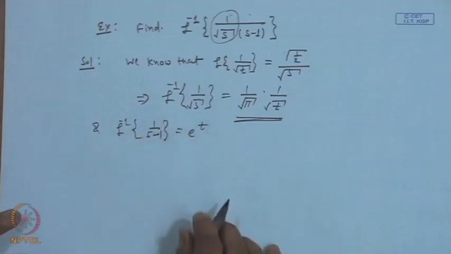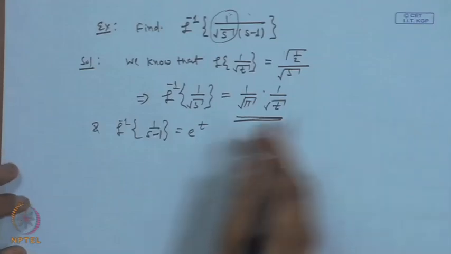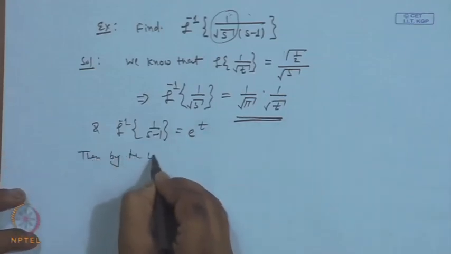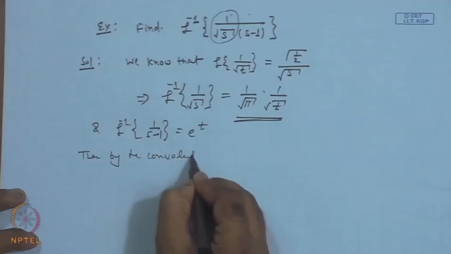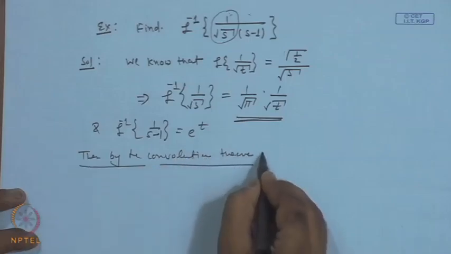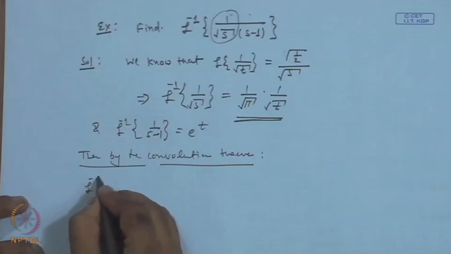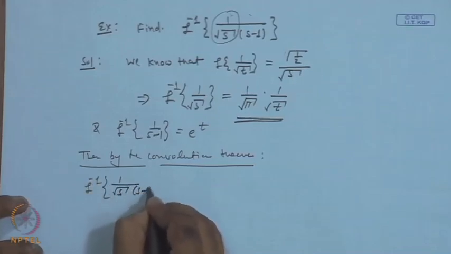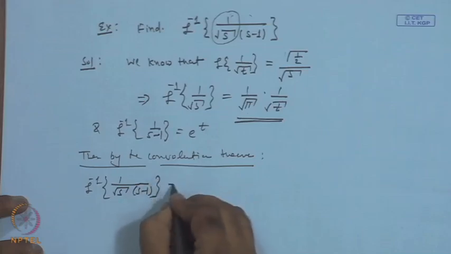So, the inverse is e power t, and then by the convolution theorem, we can get the Laplace inverse of this product of s and s minus 1.